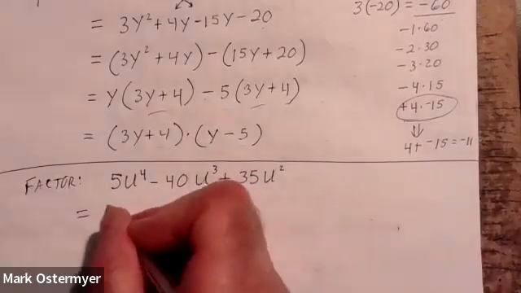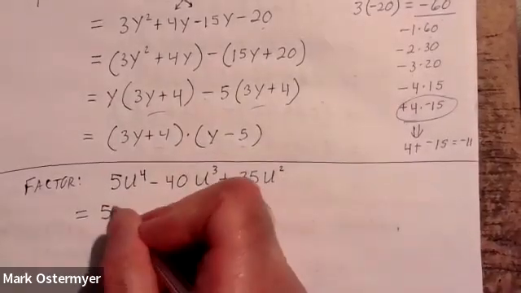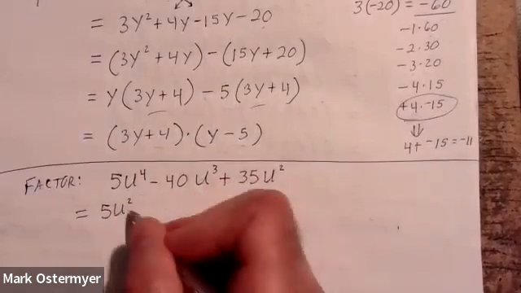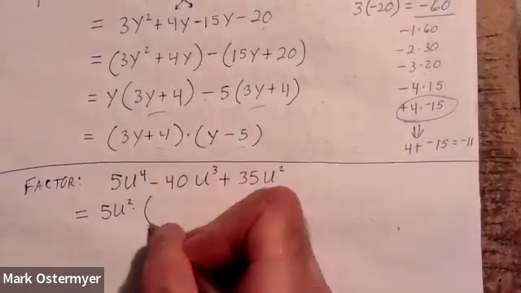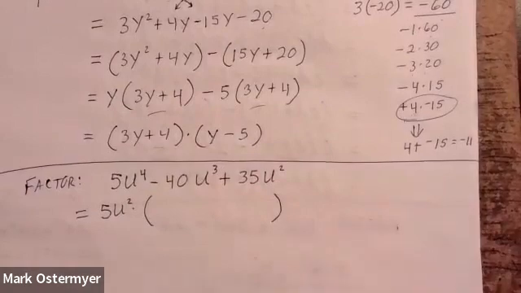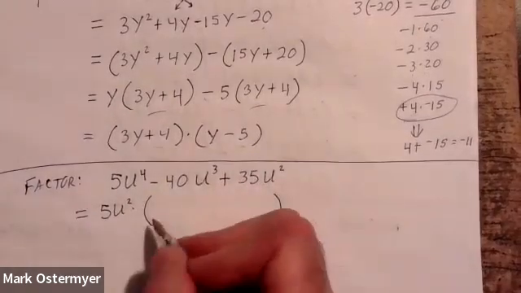5u squared. Okay, so we can factor a 5 out and also a u squared. You're correct. That would be the greatest common factor. And when I factor that out of all of my 3 terms, what am I going to leave behind?